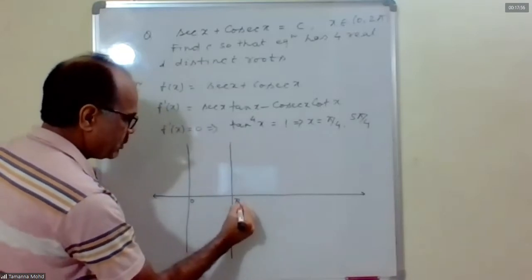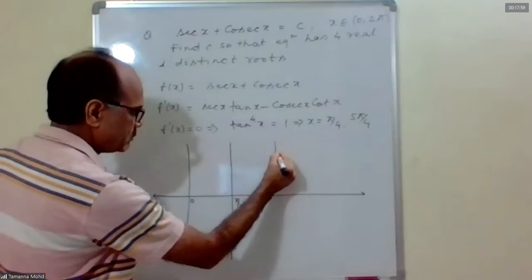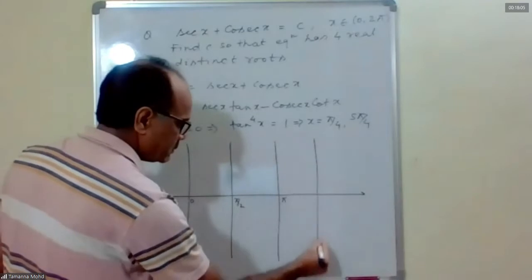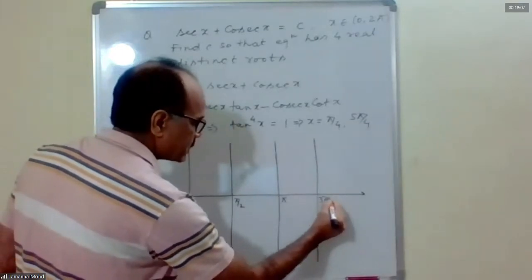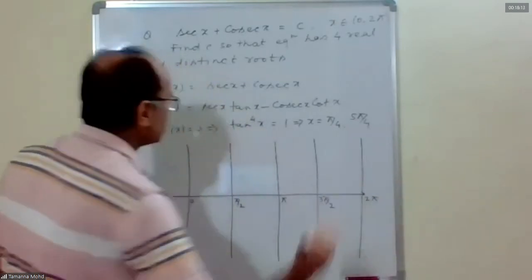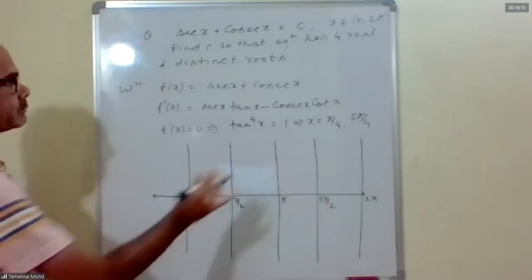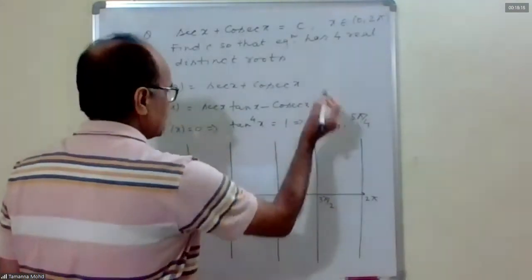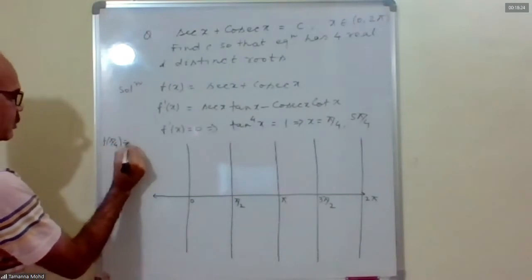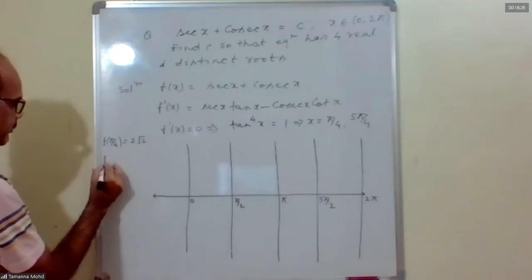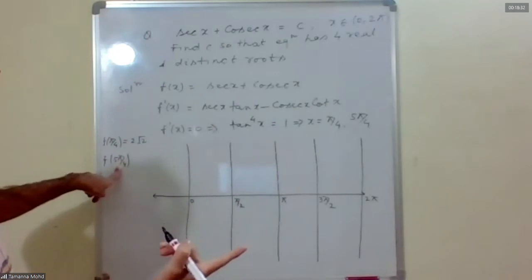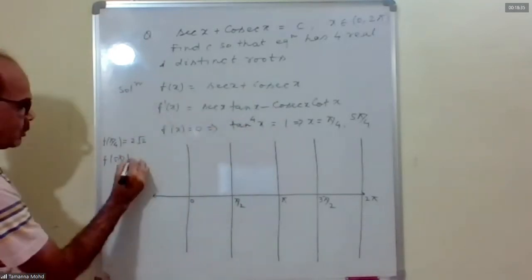So 0, pi by 2, pi, 3 pi by 2, 2 pi. Now, what is f of pi by 4? 2 root 2. What is f of 5 pi by 4? Third quadrant, negative, negative. Minus 2 root 2.